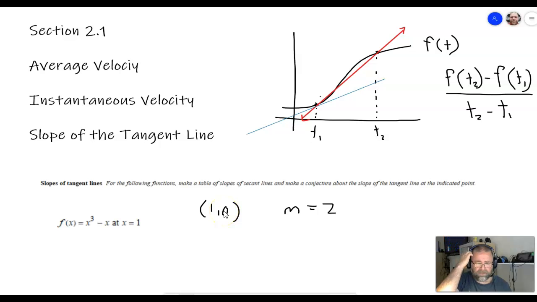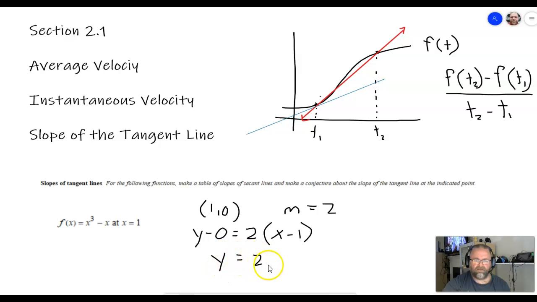So let's just put this in our point slope formula. So that's going to be y minus y1, and that's my y value for the point here, is equal to m, that's our slope, times x minus x1, which in this case is 1. So solving for y, we're going to get 2x minus 2.